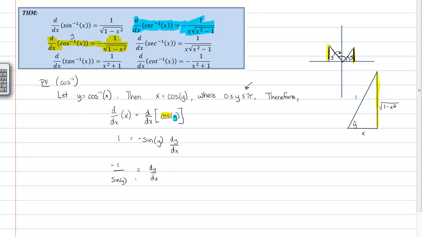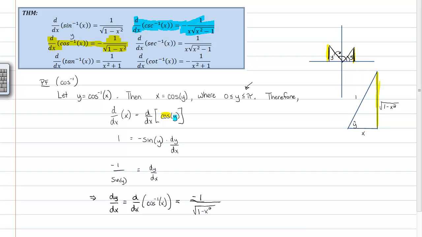We know therefore that the derivative, so let me write this the other way around, the derivative with respect to x of y, which happens to be, by the way, the derivative with respect to x of the cosine inverse of x, is equal to negative 1 over, and let's see, the sine of y here is going to be opposite over hypotenuse, square root of 1 minus x squared over 1, which is just a pretty little square root of 1 minus x squared.